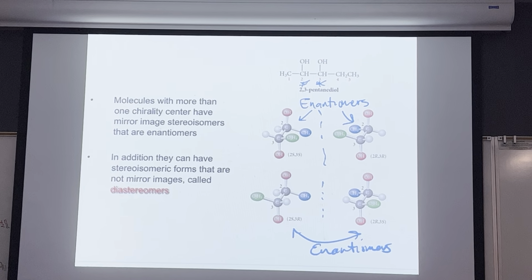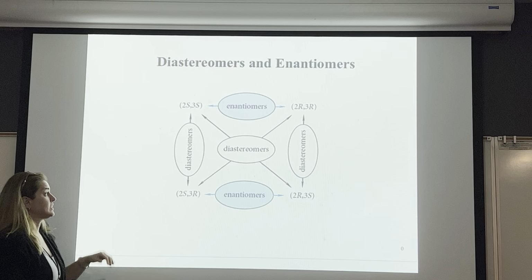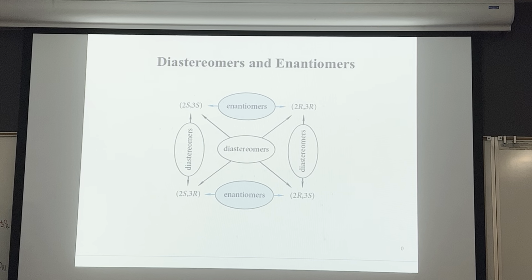All right. So just in case you didn't like our 2,3-pentane diol example, here it is again in general form. And you can see that if you have exactly the opposite at your chiral carbons, you're enantiomers. If you don't, then you're diastereomers.